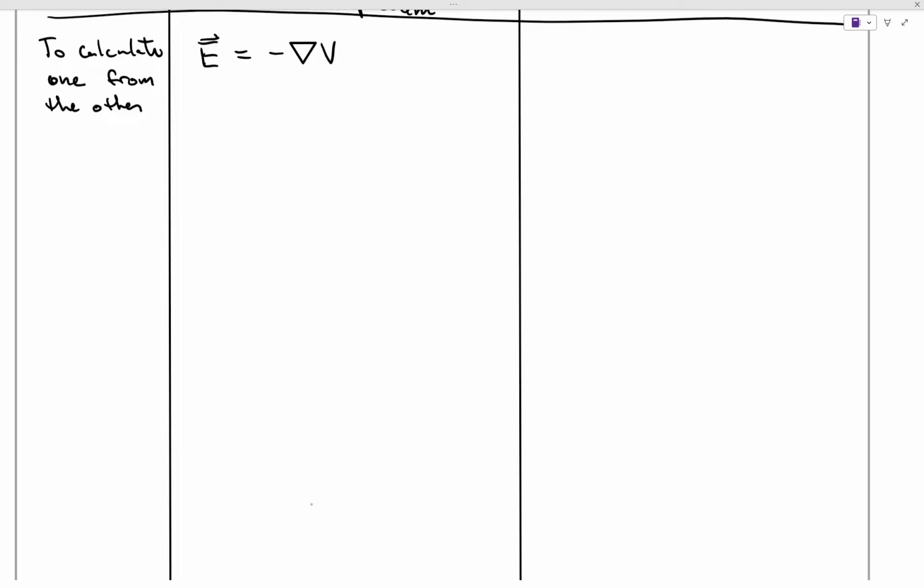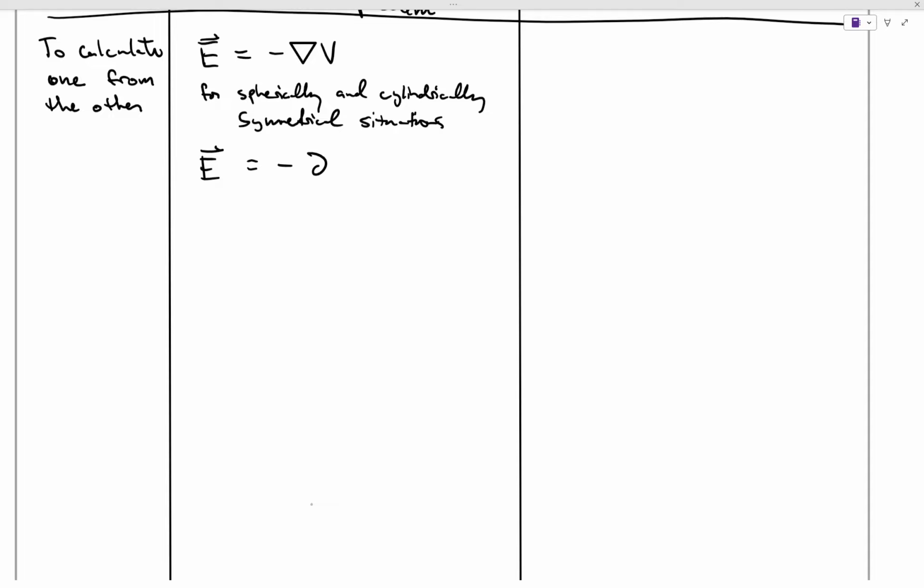For our purposes, since we're working with basically exclusively spherically and cylindrically symmetrical situations, we can basically think of this as E is essentially the negative derivative with respect to r of V of r.